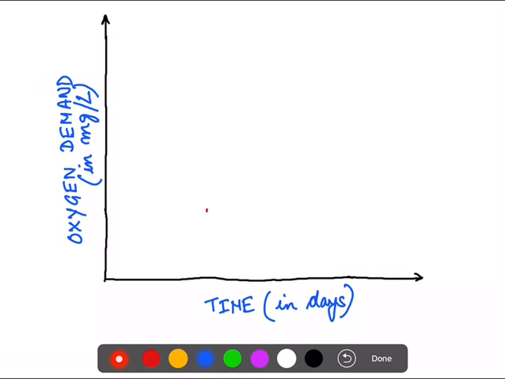Now this is divided, let's say this is 2, 4, 6, 8, 10. Then if you draw a graph, a graph comes out to be something like this. Somewhere here there will be day 5.